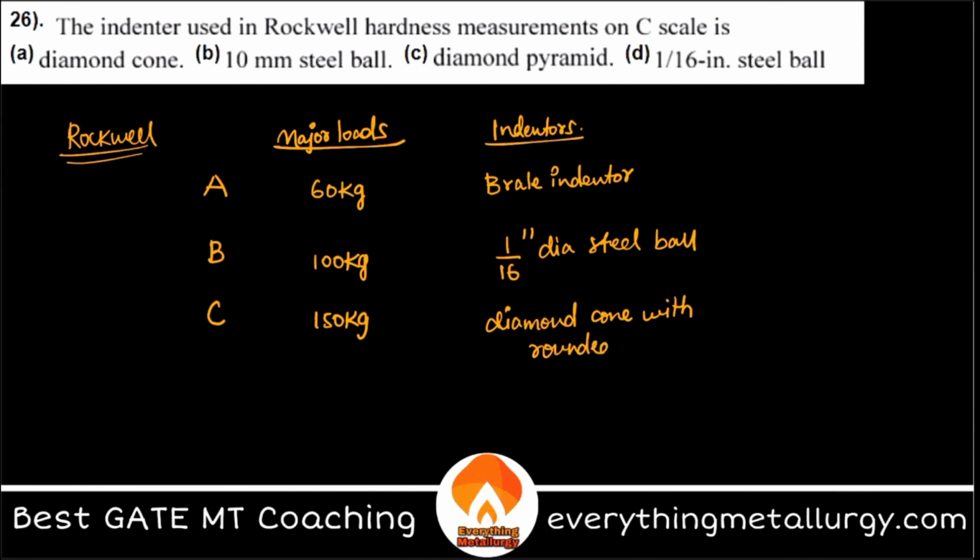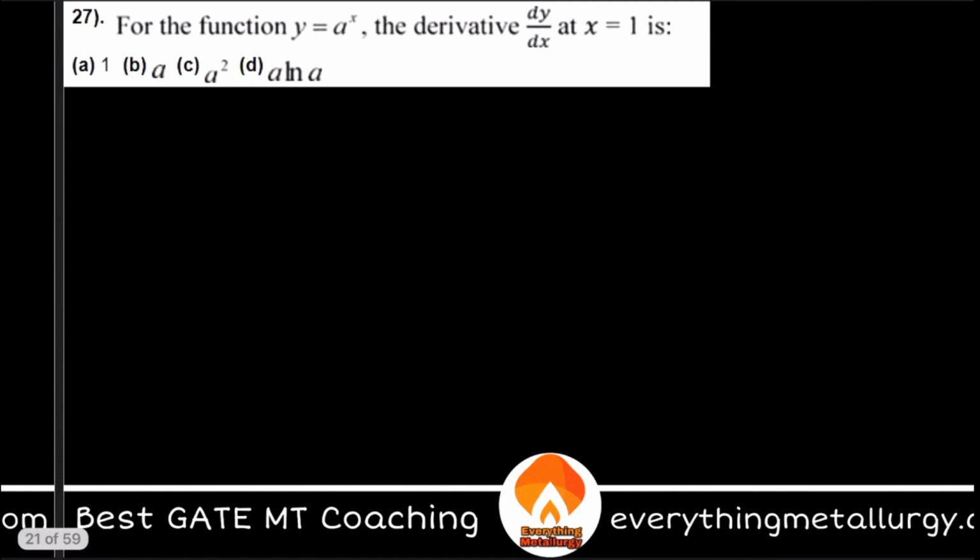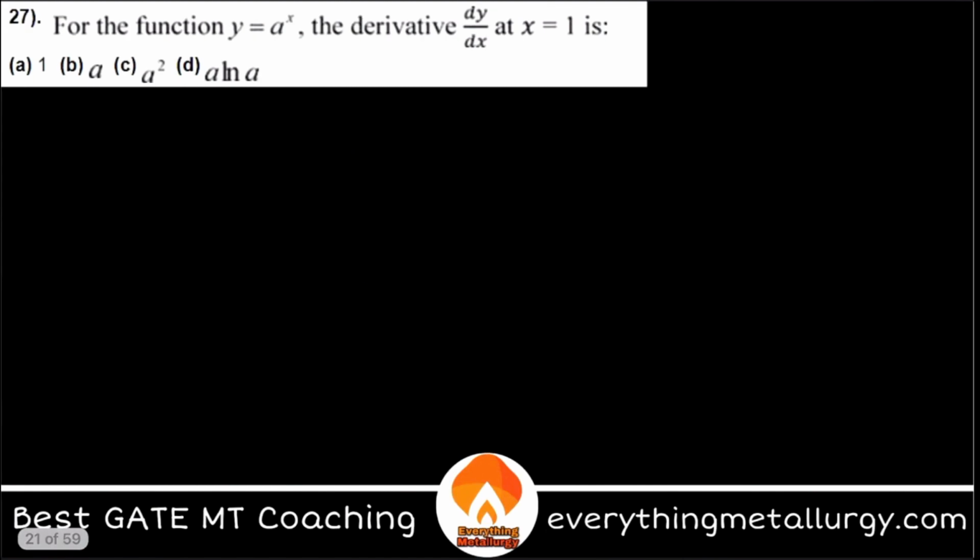Even the Brale indenter which I mentioned is also a diamond cone. But here in C scale, we actually use a rounded tip. We don't use any sharp tip of the cone, right? So on seeing the options, we have diamond cone in A itself. So A option is the answer.